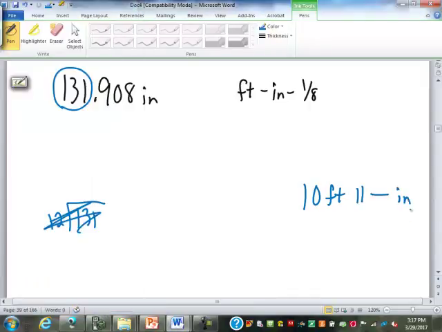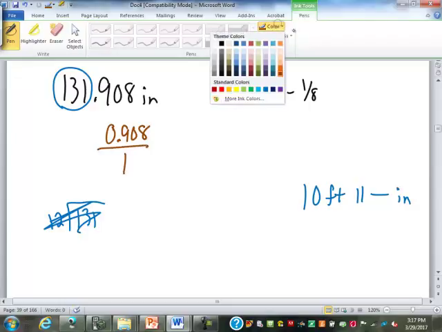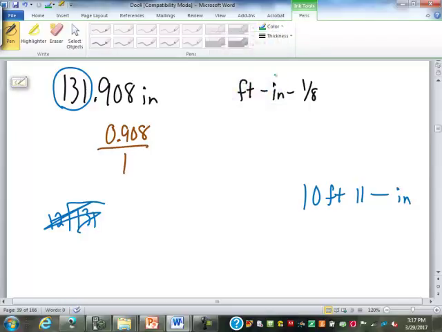And now we've got to figure out what our fraction is. Where do I go to start figuring out my fraction? What do I do? .908, and what do I do to it? Over 1, good. Now what? I'm going to the 8th, so I'm going to multiply by 8 on top and bottom. So 1 times 8 is 8. 0.908 times 8 is 7.264, I believe.